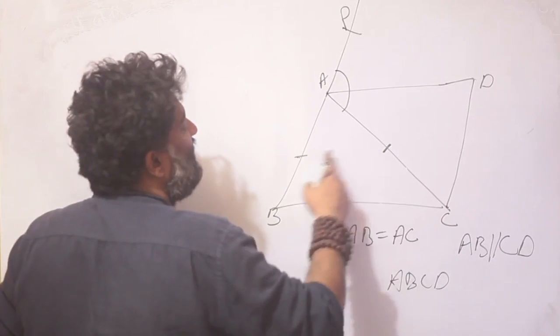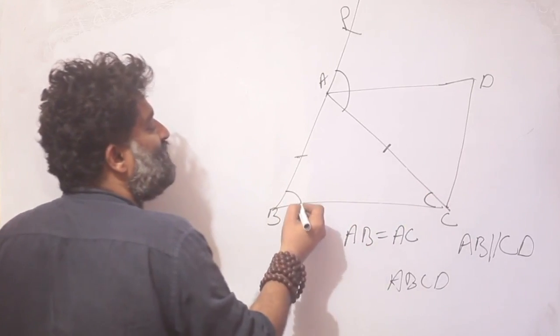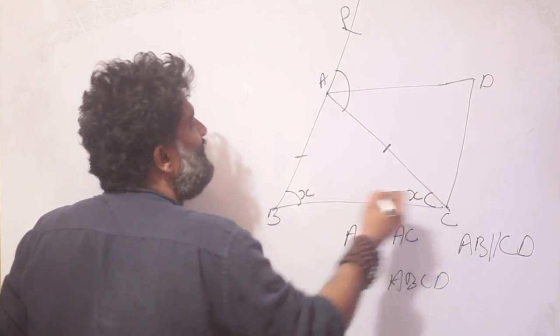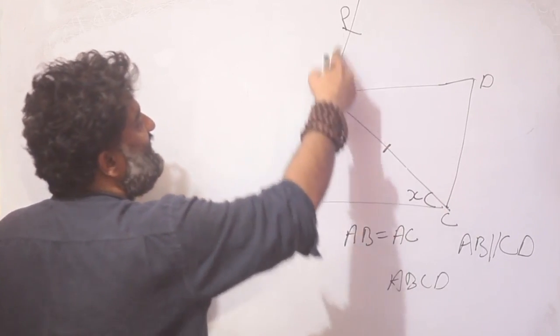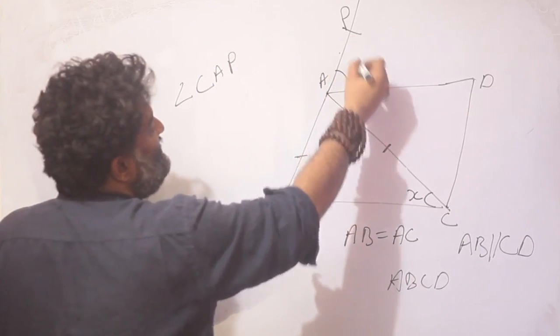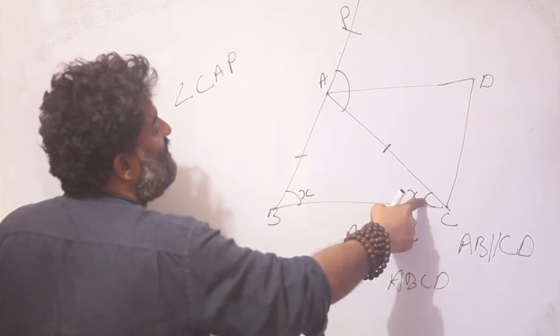Two sides of the triangle are equal to each other. That means the opposite angles also will be equal to each other. So if this is angle X, this is also going to be angle X. And if I think for a minute of angle CAP, which is the exterior angle of this triangle, the exterior angle is the sum of the opposite angles.